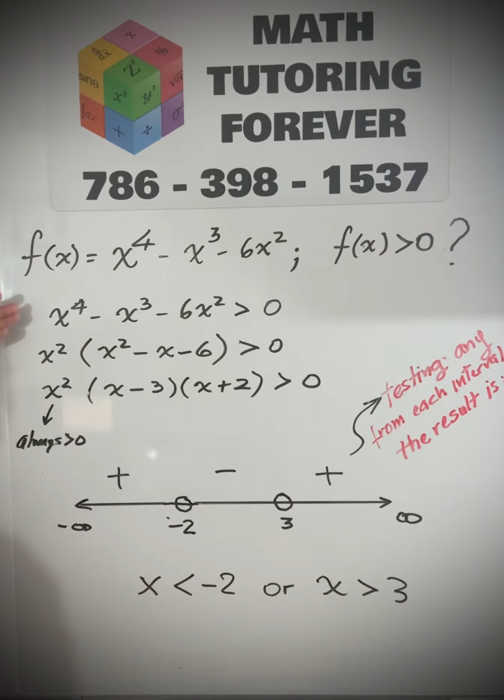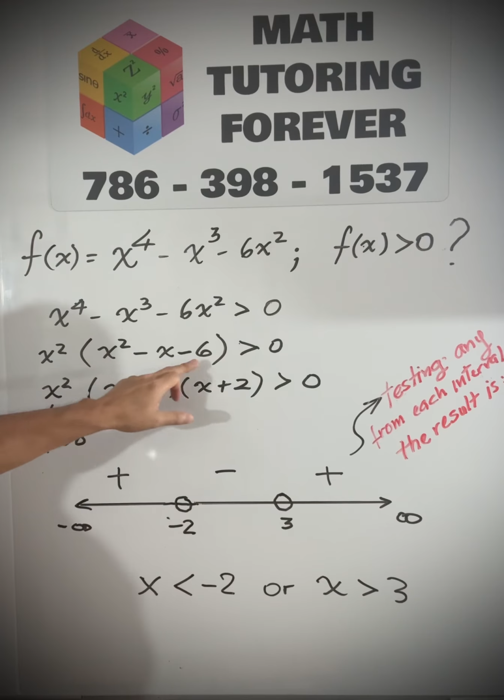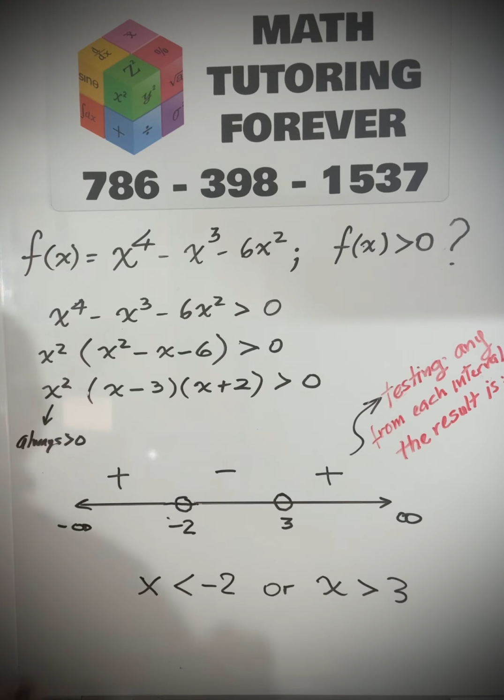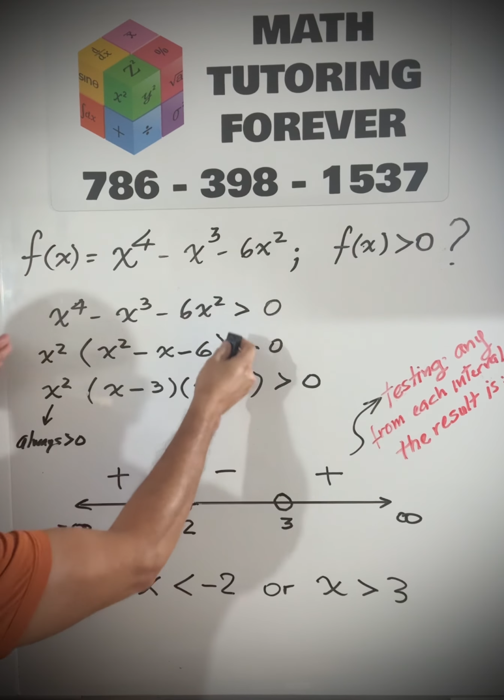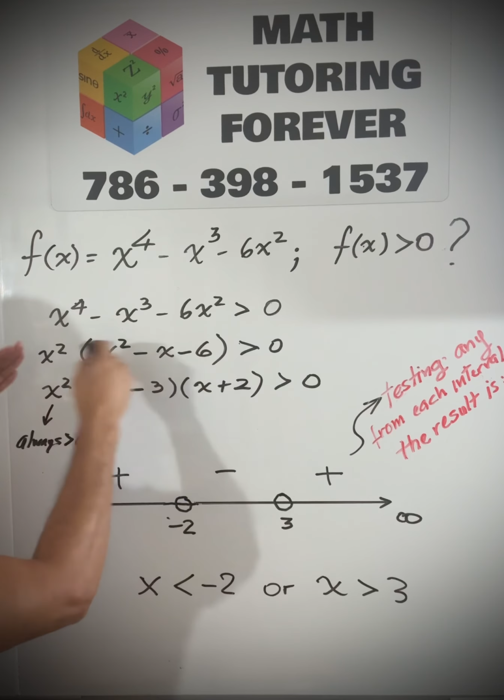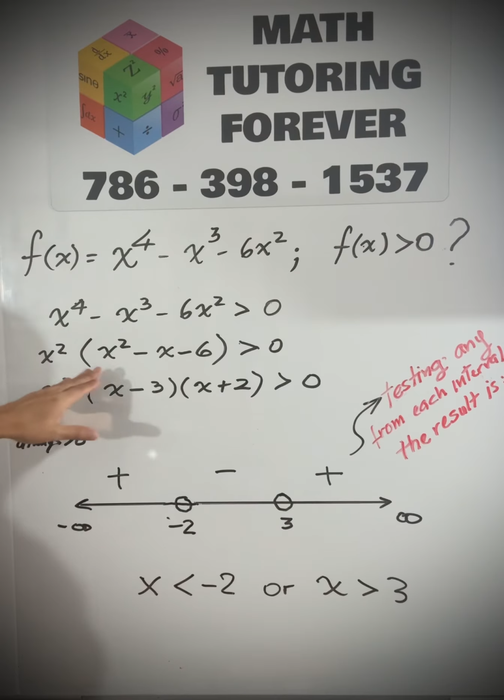If you notice this trinomial, we can take out the greatest common factor, x squared. Making my greatest common factor x squared, I have x squared minus x minus 6. So I convert this into a product of this monomial and this trinomial.